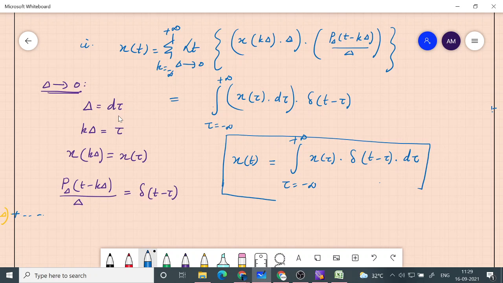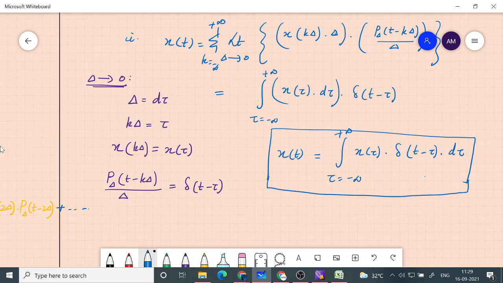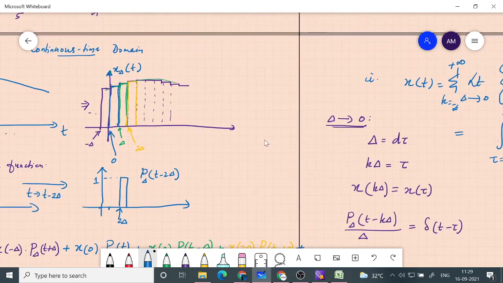Since this was slightly more complicated than the discrete time, that is why I introduced the discrete time first. The concept is the same, but here we had to approximate the function. We did it in two steps.